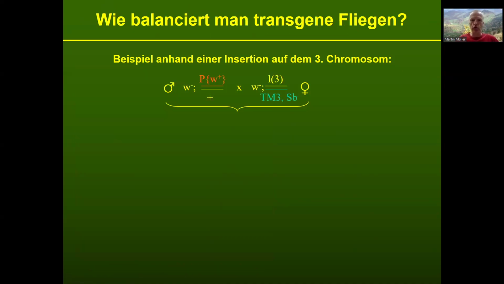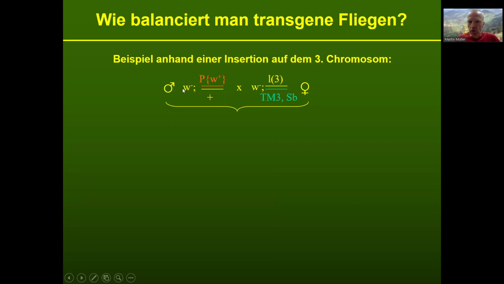Okay, that's how you make transgenic flies in a nutshell. Now, if you have isolated one fly, you have to turn it into a stock with which you want to work. So here, let's assume our P element marked with white has inserted on the third chromosome.